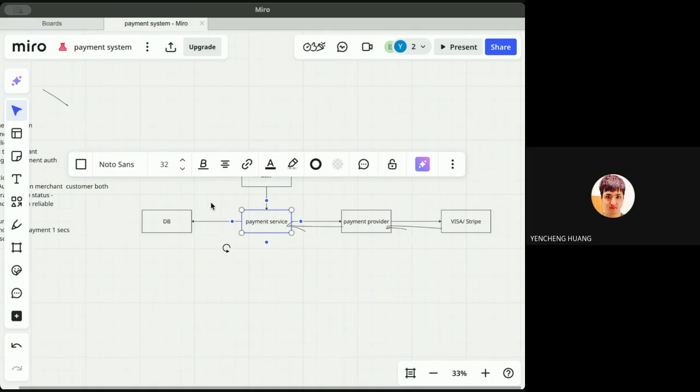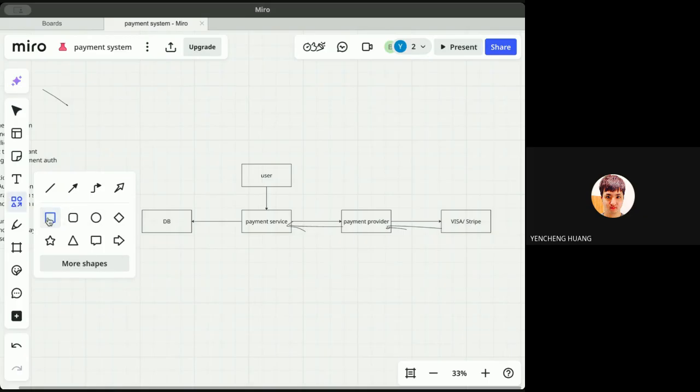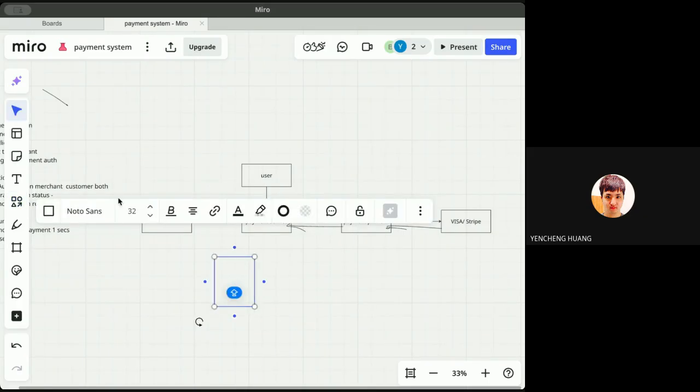In the payment service, there are two properties, and I think it's very important to store them. The first one is called the wallets, and the second one is called the ledger.